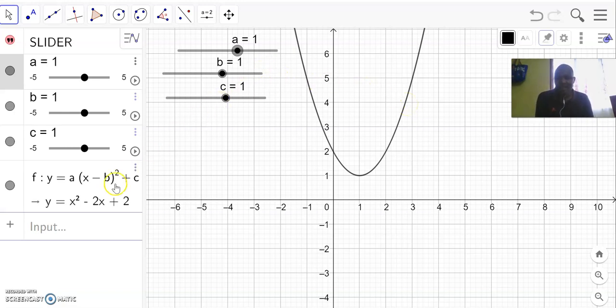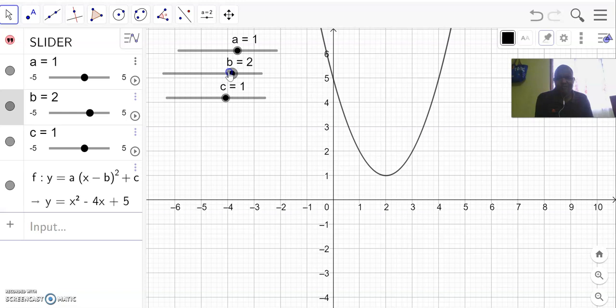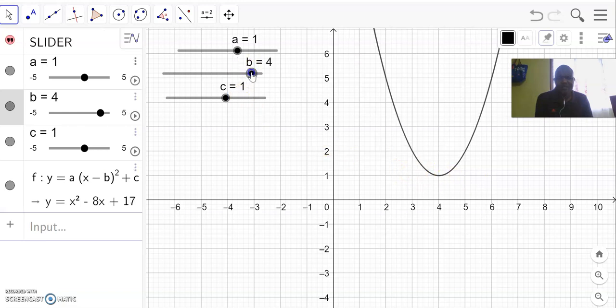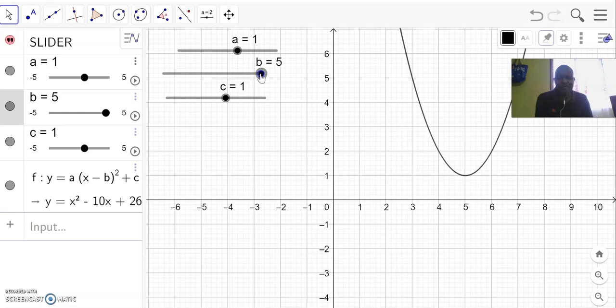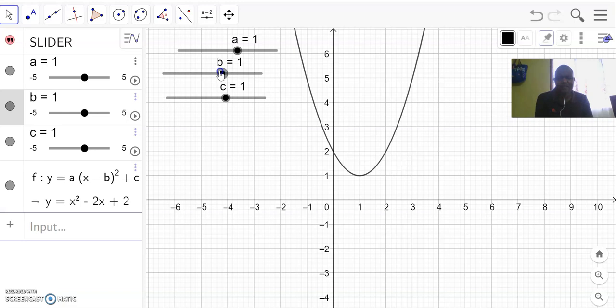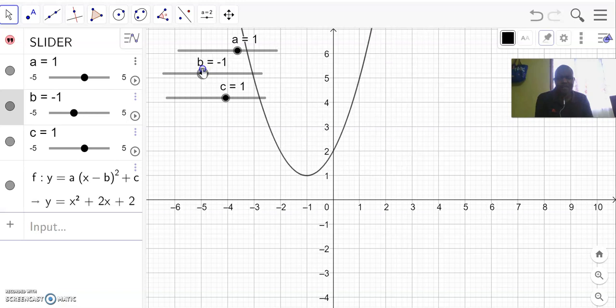Now, if we go to B, see where B is. Let's make an adjustment: when B is equals to 2, and even check the coordinates and the behavior of the curve, B is equals to 3. See the way it's moving. B is equals to 4. Look at this transformation. Then move back. Negative 1. So, what is the inquiry point here?